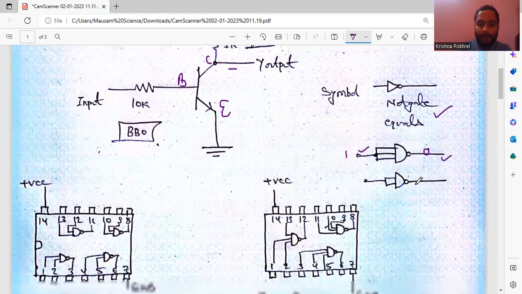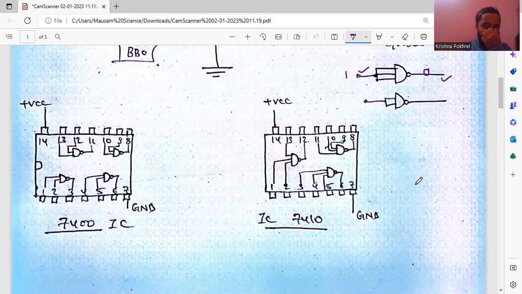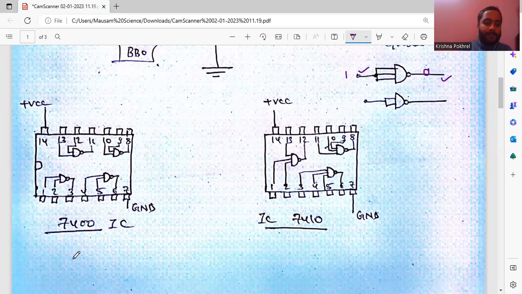Now, before going to 1-bit memory, we need to know about these two ICs, 7400 and 7410. In this 7400 IC, we can see a little mark on the IC. We'll keep it towards the left side, and after that we can connect this IC.